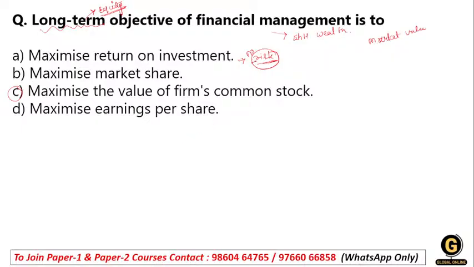Maximum market share is a strategic goal, not a financial goal. This is what we call a strategic goal of the organization. Then maximum earning per share: earning per share can be manipulated by the organization.